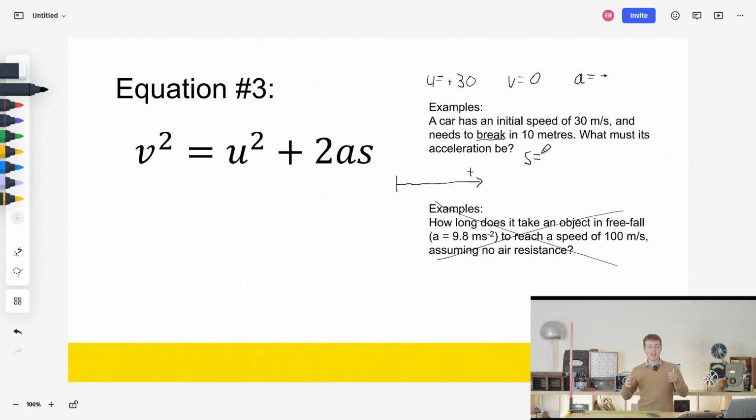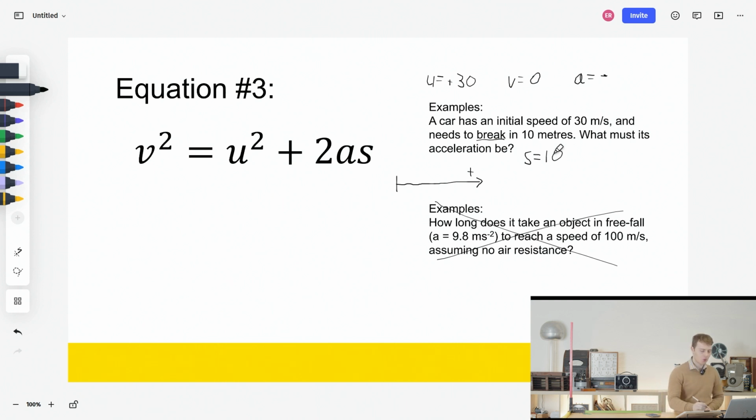When you brake in your car, what you are going to be doing is traveling forwards as your speed decreases. So the displacement is a positive 10 meters, even though we want to be braking, right? And that's the only way this system is going to work.